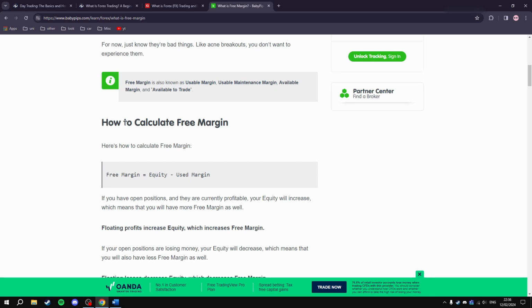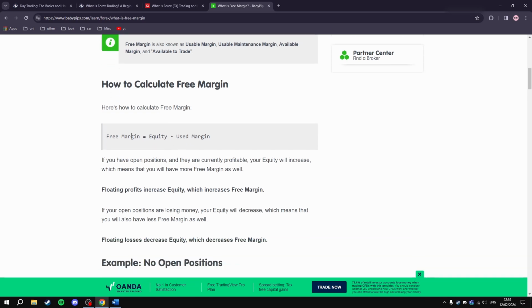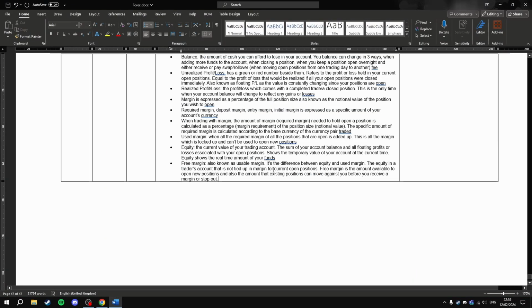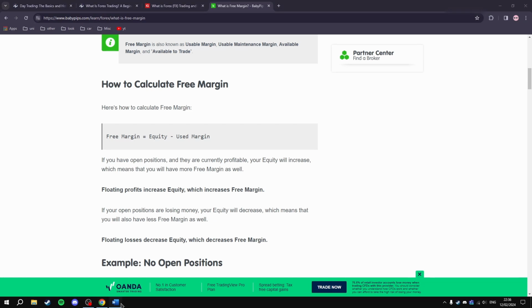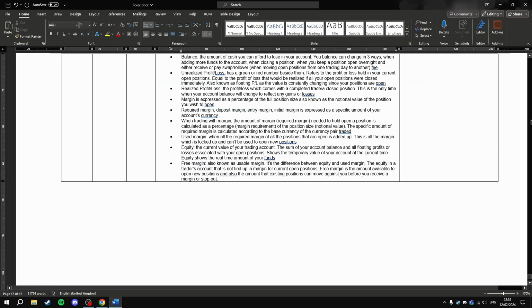How to calculate free margin. Here's how to calculate free margin. Free margin equals equity minus used margin.